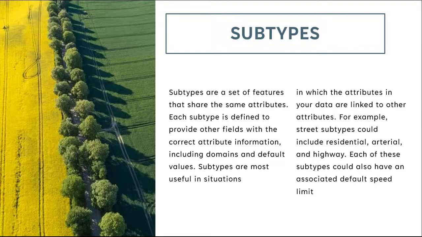So basically, subtypes are more like a categorization. You try to categorize it such that, okay, roads, now we have major roads, minor roads, highways, arterial, residential, and all that. Now on the streets, the subtypes are residential, arterial, and highways.